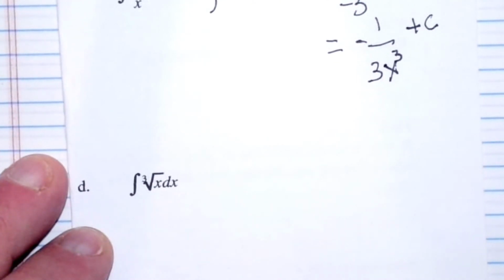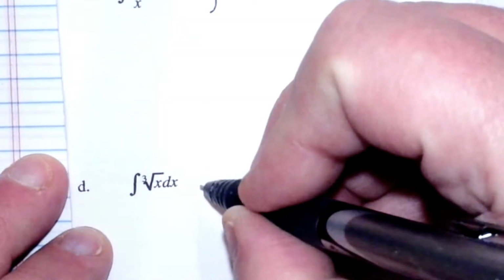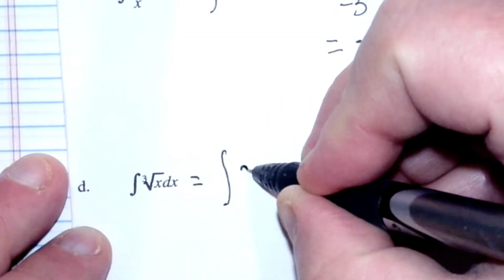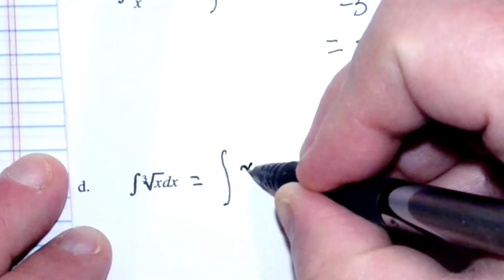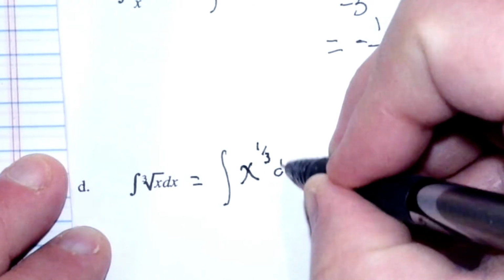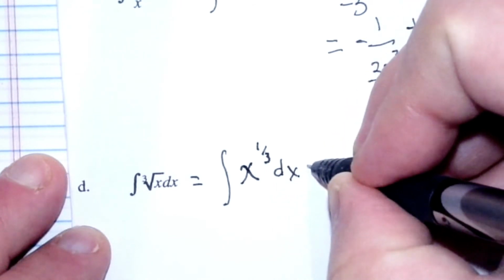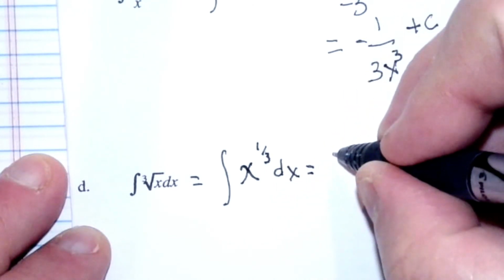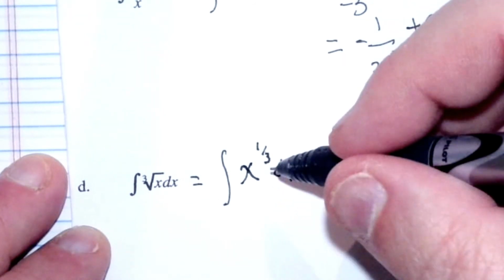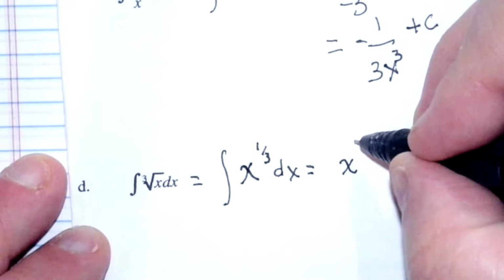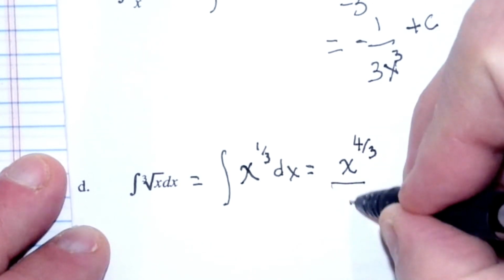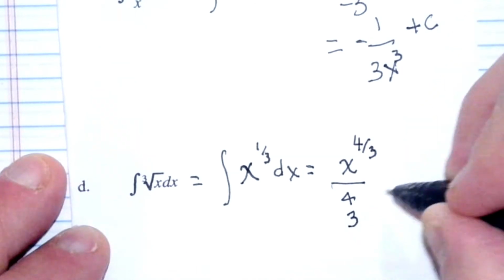Part D, we've got the cube root of x that we're integrating. So I'm hoping you're ahead of me, and we need to rewrite that as x to the 1/3. Add 1 to the power. So 1/3 plus 3/3 is 4/3, and we're going to divide by 4/3.